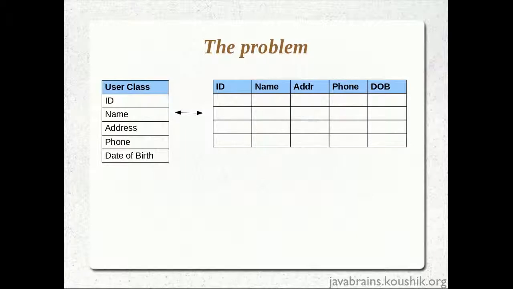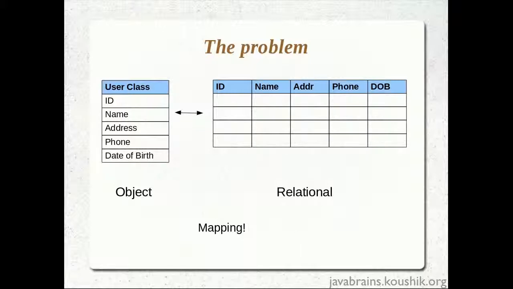And ideally, a solution that addresses this problem will help us map the objects with the relational database. Hence, the name of what the solution is trying to do is called Object Relational Mapping. So this is ORM, and this is the primary reason why Hibernate even came into existence, in order to help the users to map such a thing.